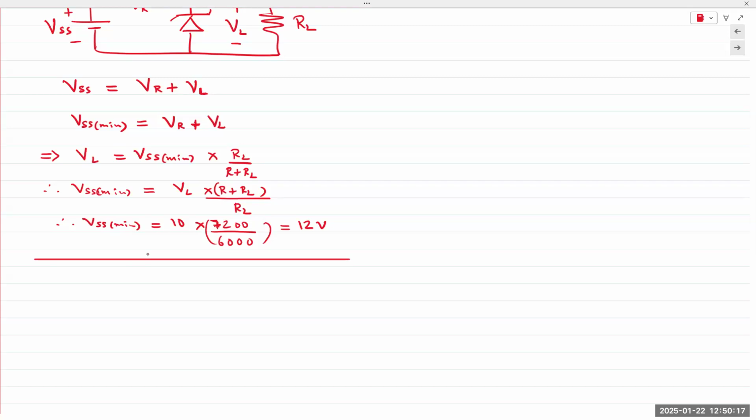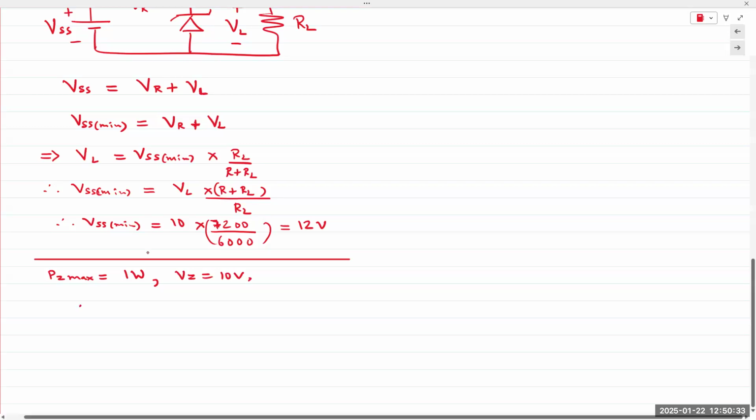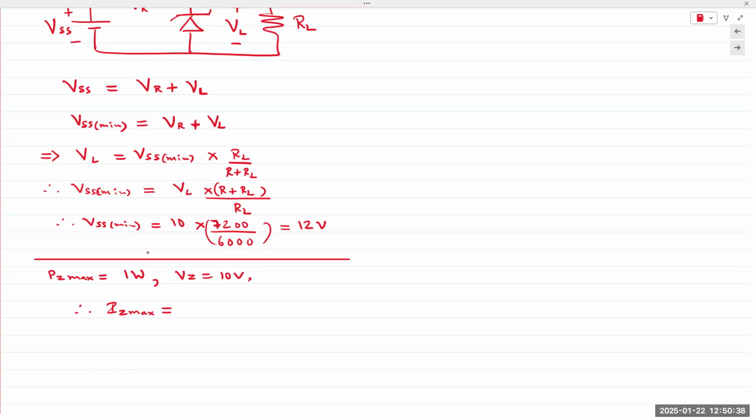And so if PZ max, in our example, is 1 watt, we can calculate the maximum current that can be handled by the Zener diode. So VZ is 10 volts, and therefore IZ max is equal to 0.1 amp or 100 milliamps, which, as I said, is a large number. Okay, 100 milliamps of current is a large number.